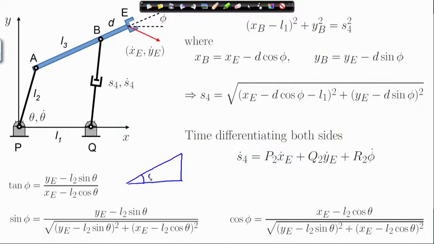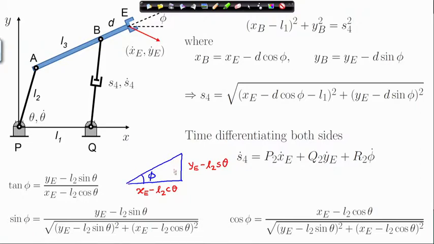Suppose this angle is phi, then tan phi is this ratio. So, if I say that this is YE minus L2 sin theta and this base of the triangle is XE minus L2 cosine theta, then you can very easily see that tangent phi is this ratio.